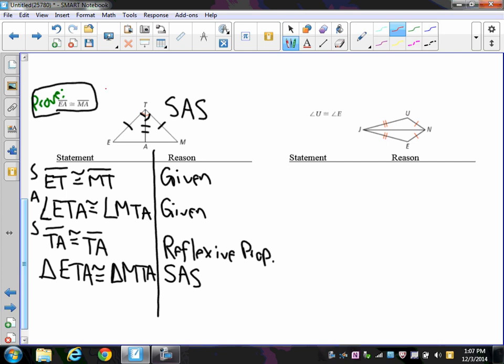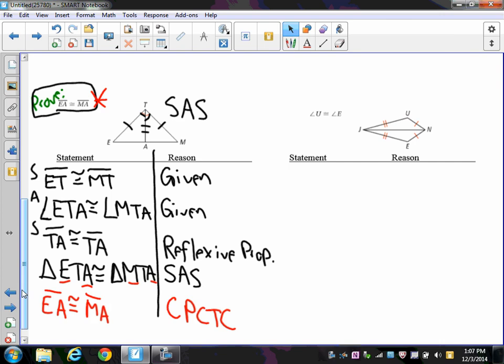And this always needs to be the last part, the last statement in my proof. Segment EA is congruent to segment MA. So E and A are the first and third letters, M and A are the first and third letters. So my reason is corresponding parts of congruent triangles are congruent, or CPCTC.